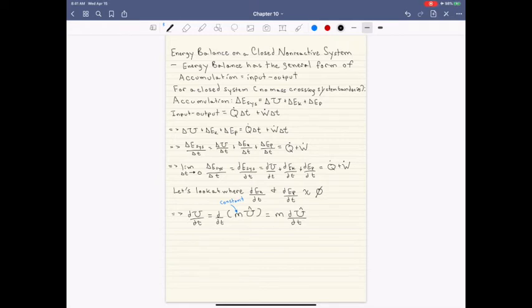Let's now take a closer look at the specific internal energy. By definition, if you recall our work in Chapter 8, we could say that the specific internal energy is equal to some reference internal energy, so an internal energy at the reference temperature, plus the integral of a constant volume heat capacity from some reference temperature to the temperature of interest.